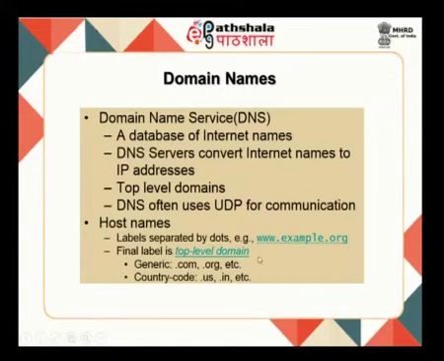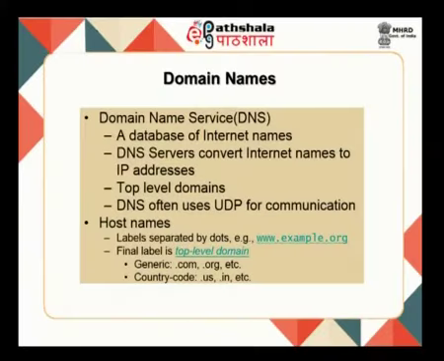So, the Yahoo server is identified using www.yahoo.com, and yahoo.co.in, where instead of com we give co dot with the country-specific code. So, domain names are given in this way.